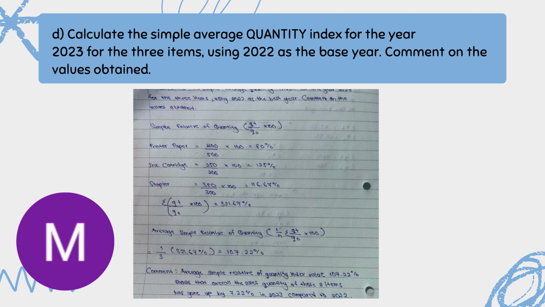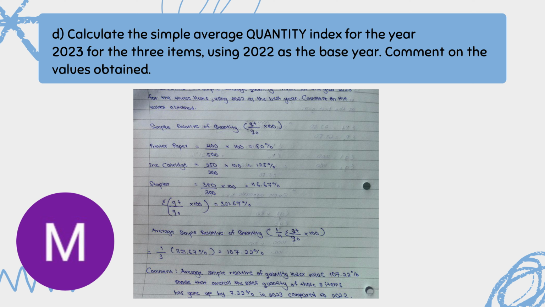For the printer paper, it's 400 divided by 500 times 100, which gives 80%. For the ink cartridge, it's 250 over 200 times 100, which is equal to 125%. And for the stapler, 350 over 300 times 100, we got 116.67%.